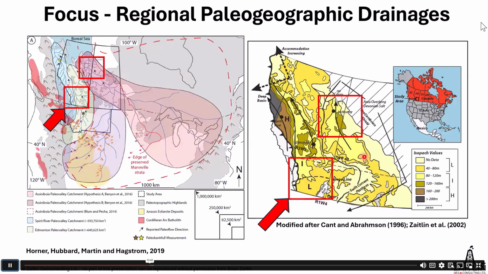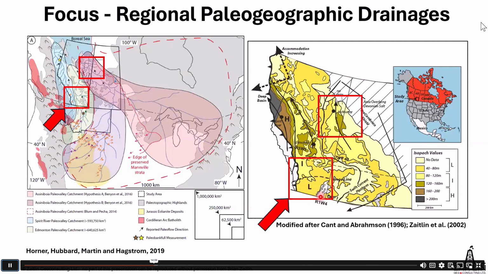details. This is a map that was originally done by Kant and Abramson, taking a look at the isopach of the lowermost Cretaceous Mannville. And the darker the color represents more isopach thickness as you're going along. And arbitrarily, we took breaks at 80 and 120 meters of thickness.